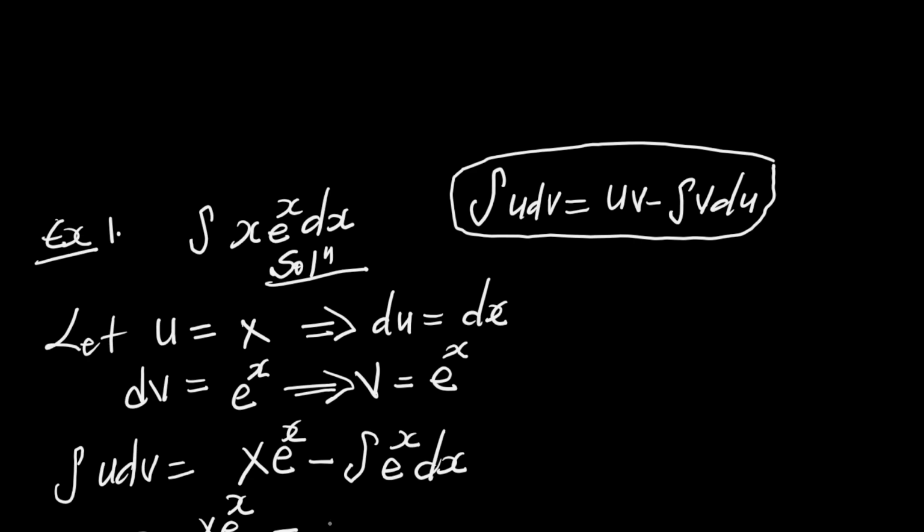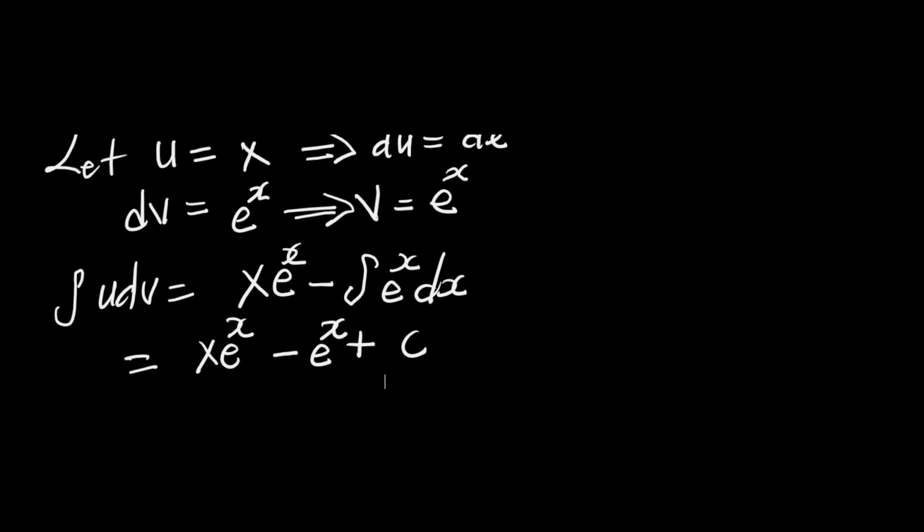This one we cross, the integral becomes e^x plus c. Now we have x e^x minus e^x plus c. We factor e raised to the power x, then we'll be having e^x times x minus 1 plus c. This is our final answer.